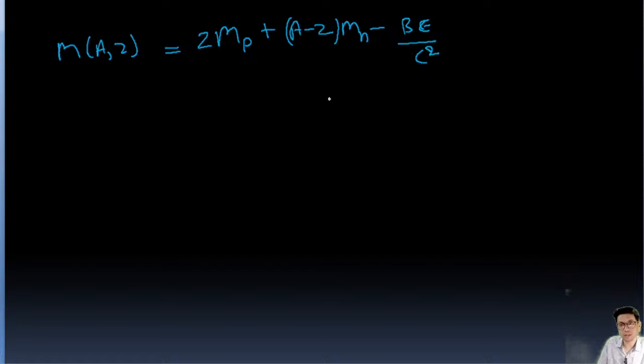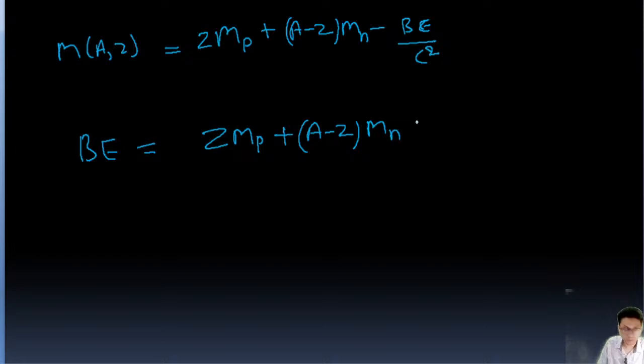We have converted this into mega electron volt, right? So now the binding energy of this process is going to be a very important formula, I'm writing: Z Mp, the atomic number into mass of proton, plus (A minus Z), that is neutron number, Mn, mass of neutron, minus M(A,Z), mass of nucleus, into c square.